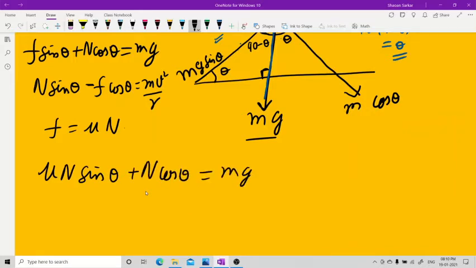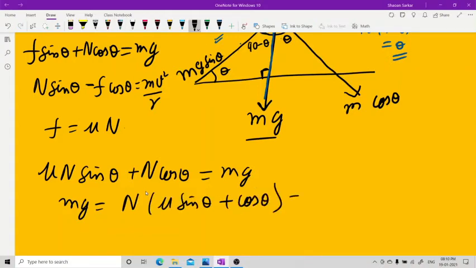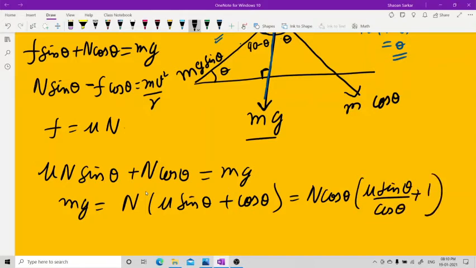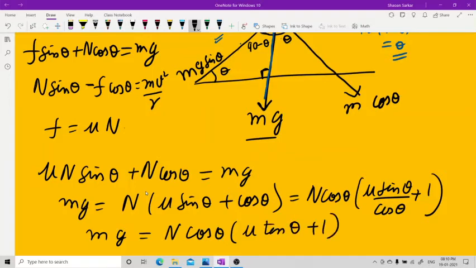Take n out and write mg equal to n times mu sine theta plus cos theta, and then take cos theta out: n cos theta times mu sine theta upon cos theta plus 1. So mg is equal to n cos theta into mu tan theta plus 1, since sine upon cos is tan theta. This is the point here.